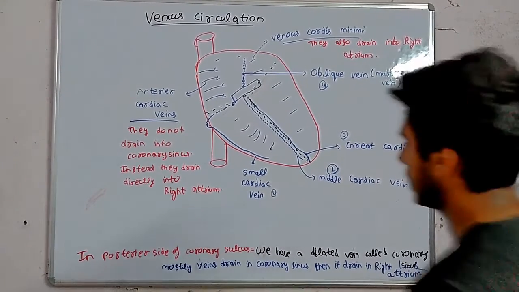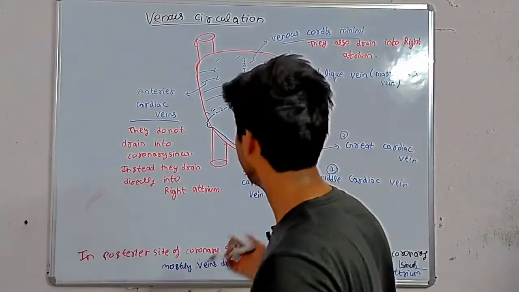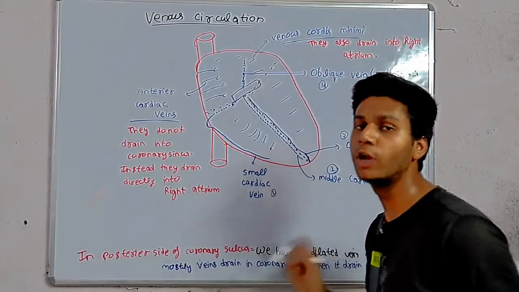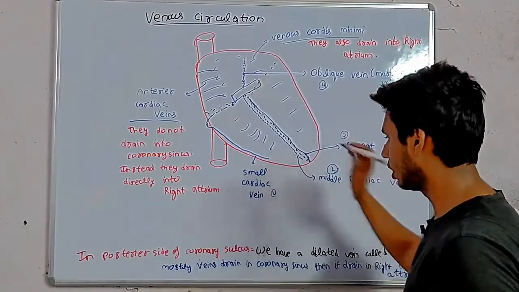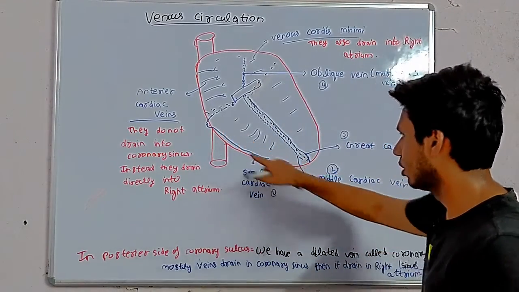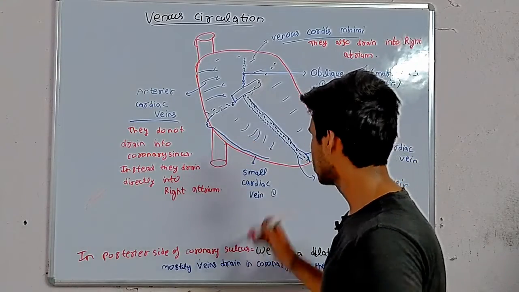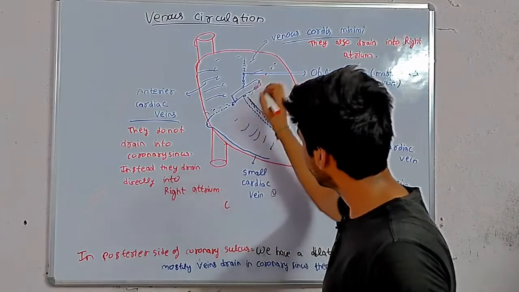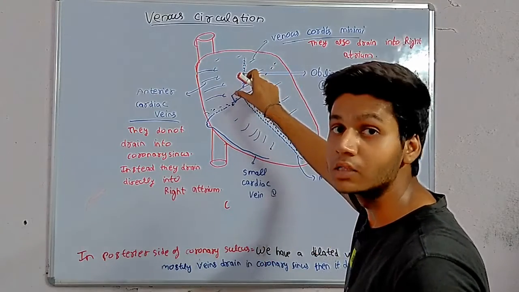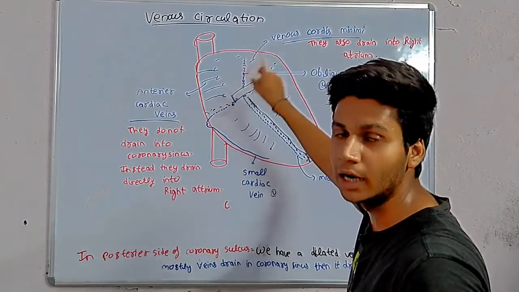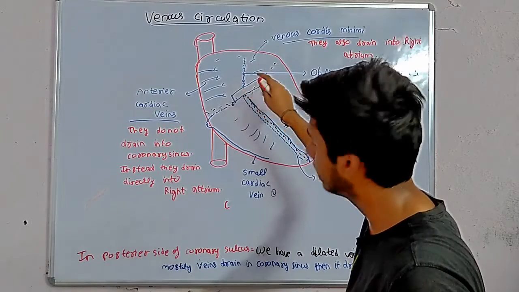Now another important aspect is their corresponding arteries. Every vein has a corresponding artery, or every artery has a corresponding vein. So first, the small cardiac vein. The corresponding artery of the small cardiac vein: from the anterior aspect there are the right and left aortic sinuses.